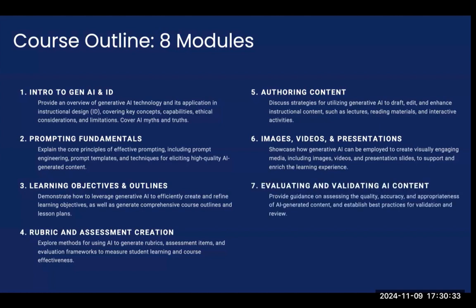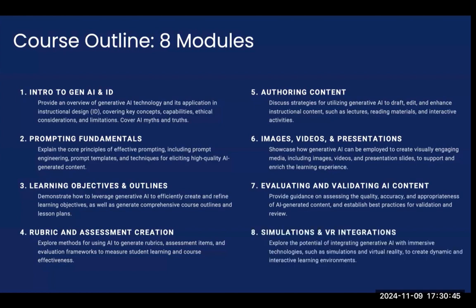And Module 7 deals with guidance on assessing the quality, accuracy, and appropriateness of generated AI content. And then the last module so far is to explore the integration of AI with immersive technologies such as simulations and VR.